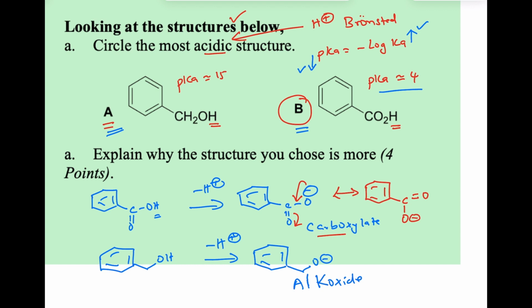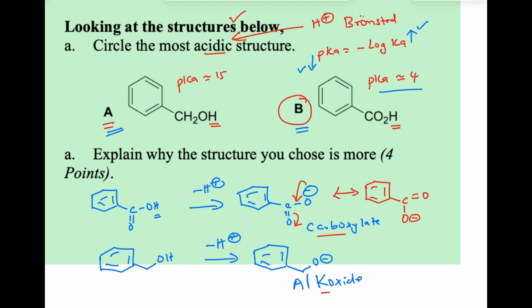And because of that, you're constantly distributing the minus charge between the two oxygens, and that results in a more stable structure. Anytime you can draw a resonance structure, you end up with a more stable structure. The more resonance structures, the more stable that structure is.